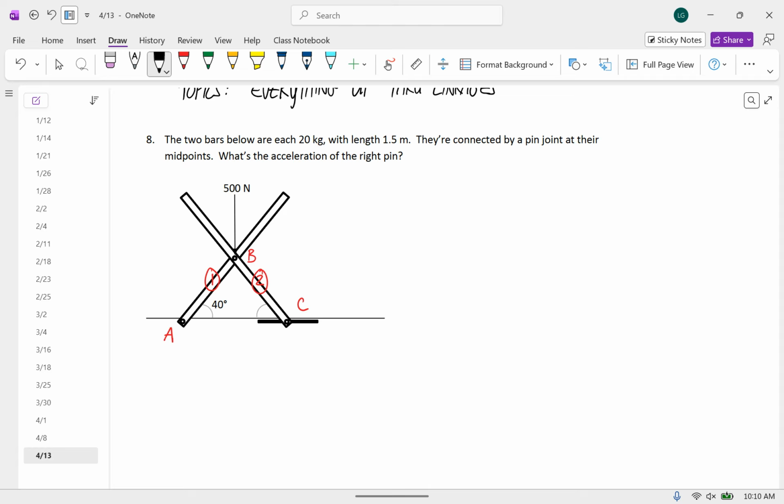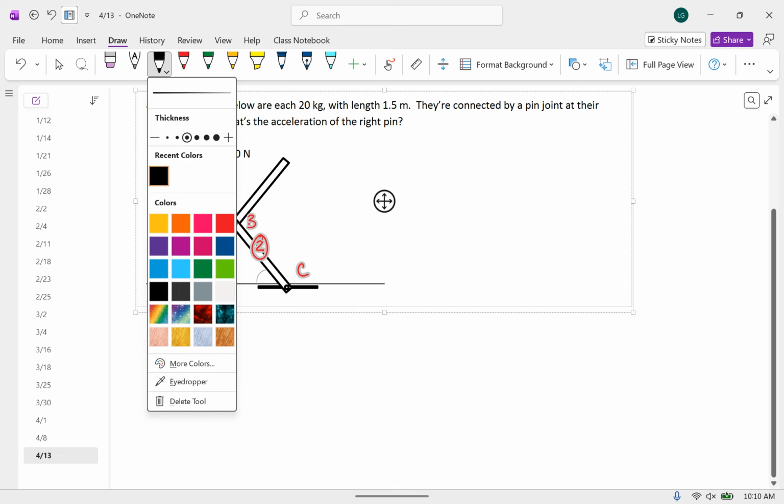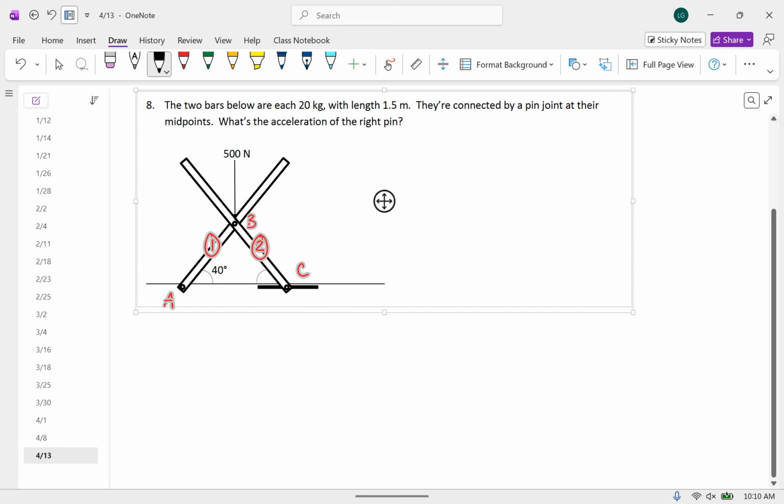They're connected at the midpoints. So let's just go through the steps. Actually, how many people have finished this problem already? Okay, not too many. So let's do this.